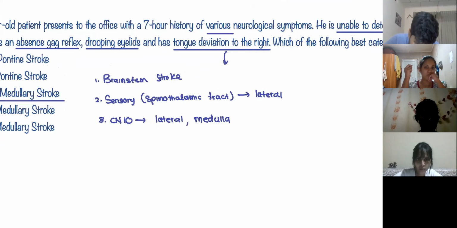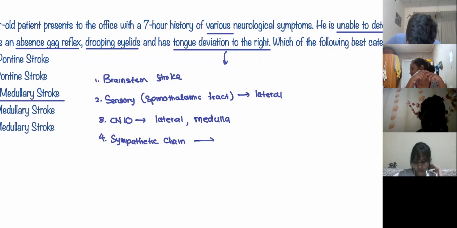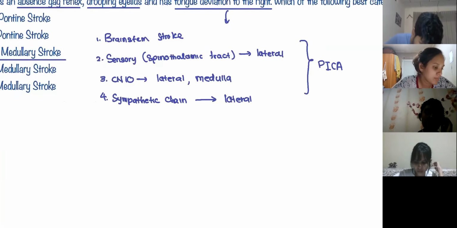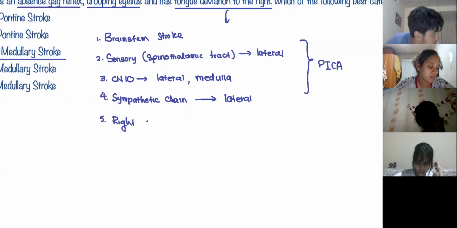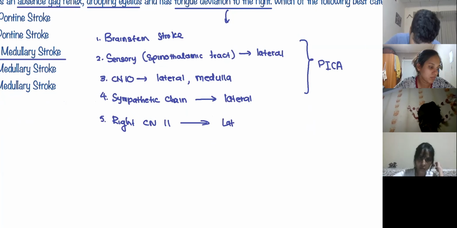Absent gag reflex. Drooping eyelids, sympathetic chain, which is also found lateral. Remember PICA strokes. And right cranial nerve 11 is lateral.